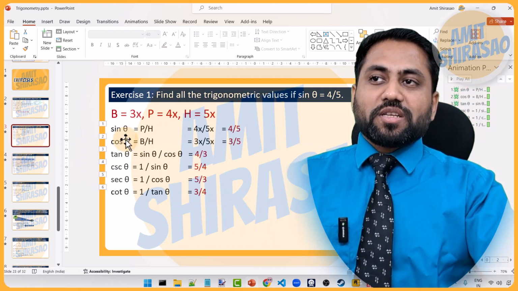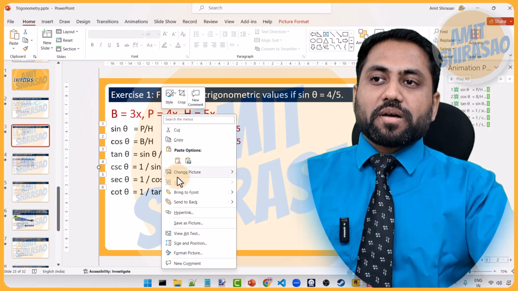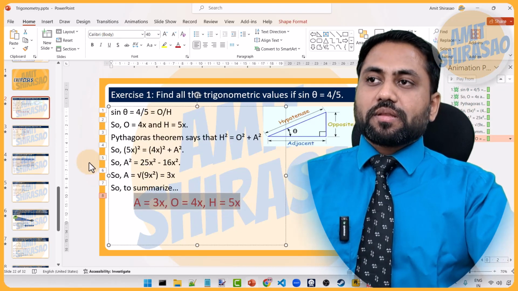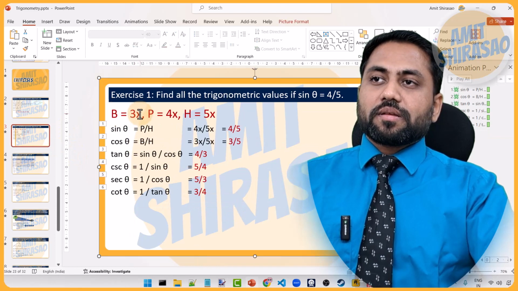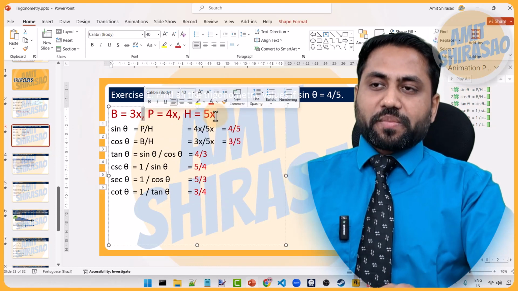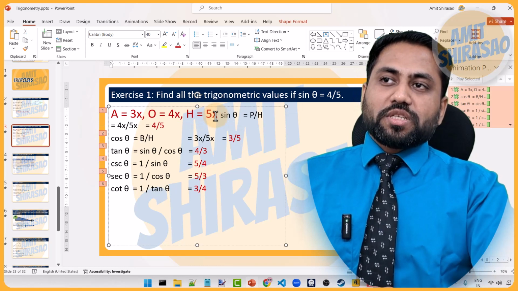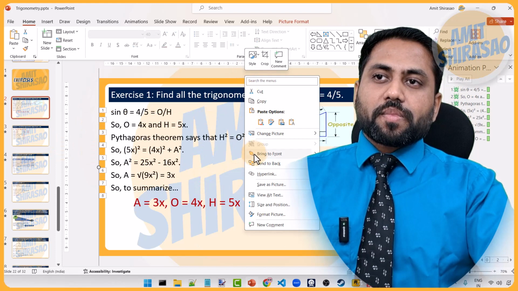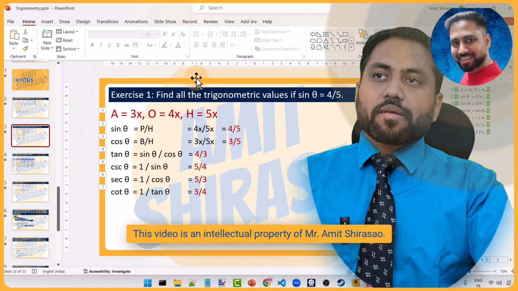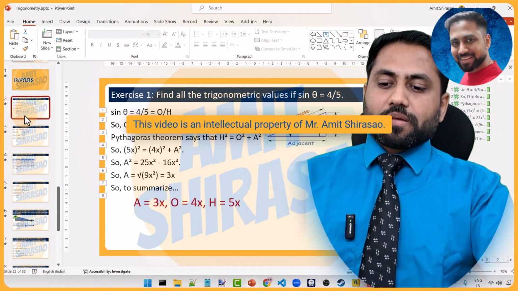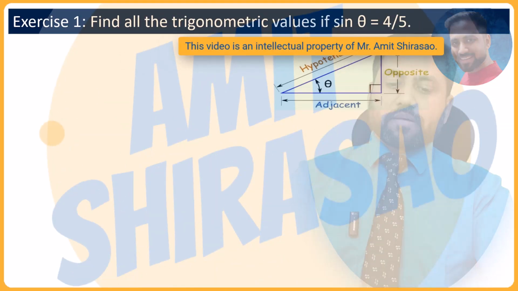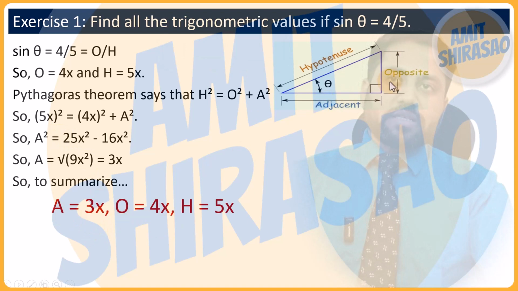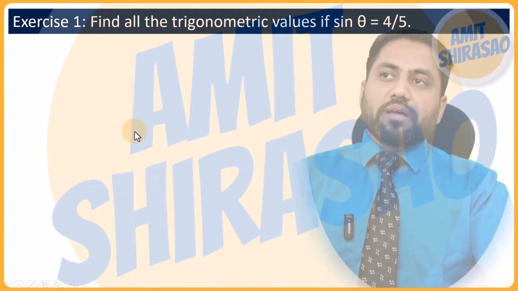Now let's take the same values over here. Again, I'll just copy the same values and I'll put those values here. Got the idea? Now for these values, it is very easy to find out. So what did we do? We found out what is A, meaning adjacent, what is opposite, and what is hypotenuse.